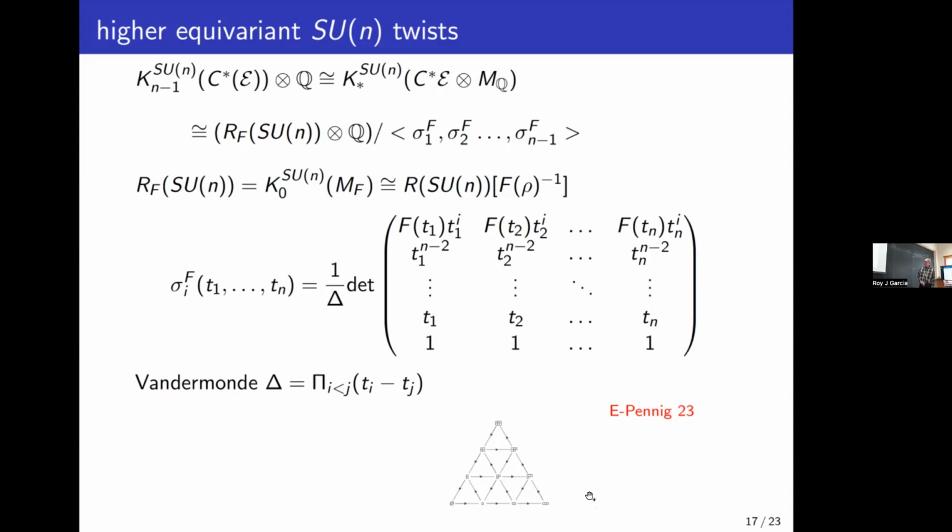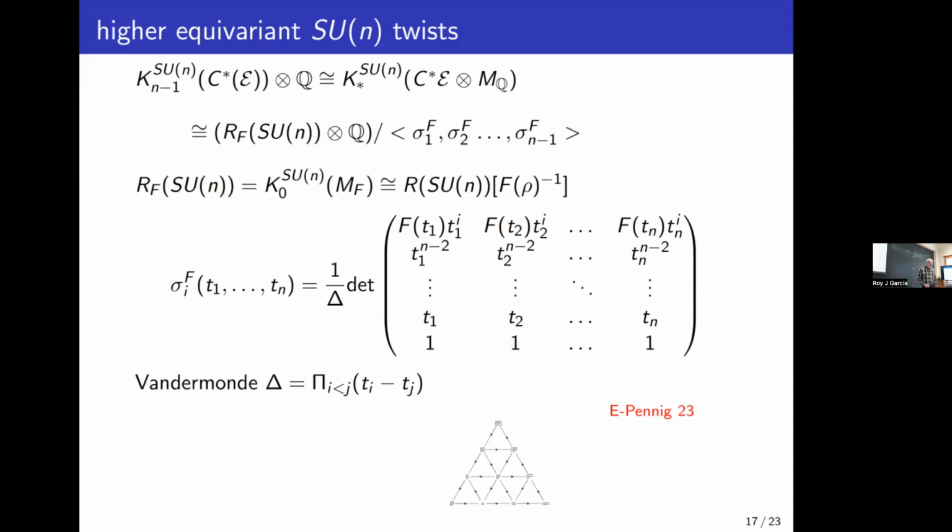So it's the two coming across that we've got in the picture here. These are really, in terms of the language of polynomials on the maximal torus, which are invariant under the Weyl group. So that's a description of the equivariant K theory of these higher twists.